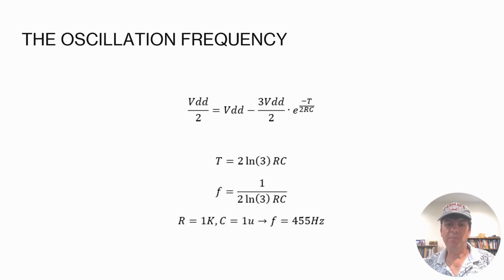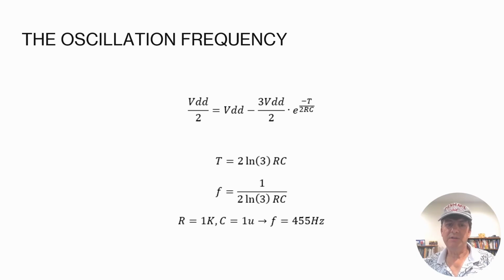Since we have covered both the hysteresis characteristic and the RC charging characteristic of the circuit, you might ask, what determines the frequency of the oscillation? The derivation used to find the frequency is shown in the slide.